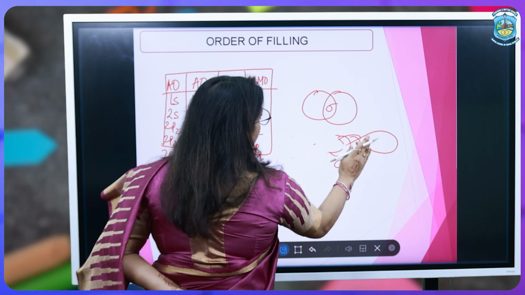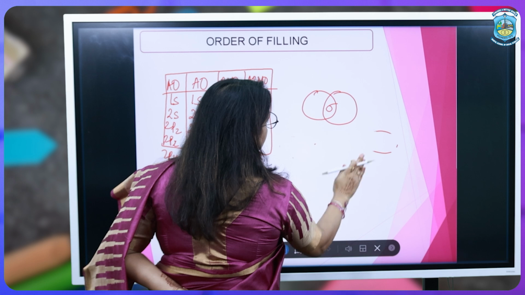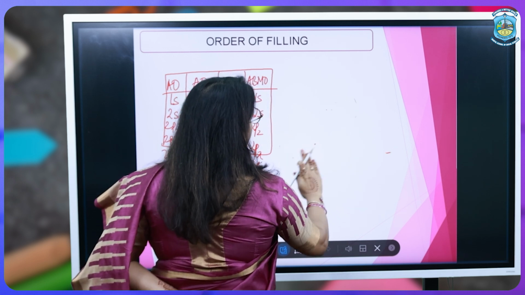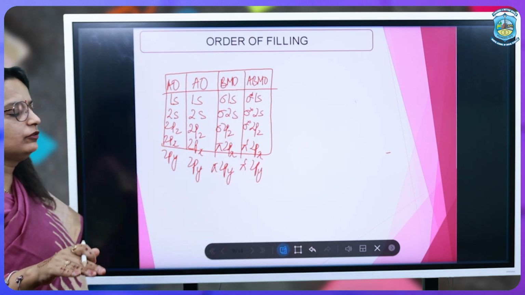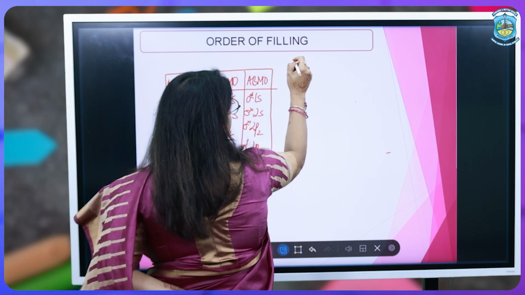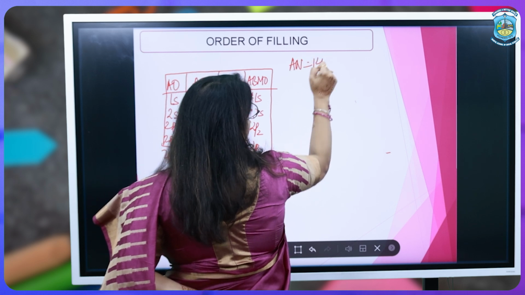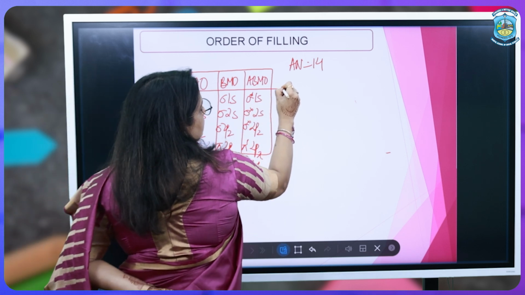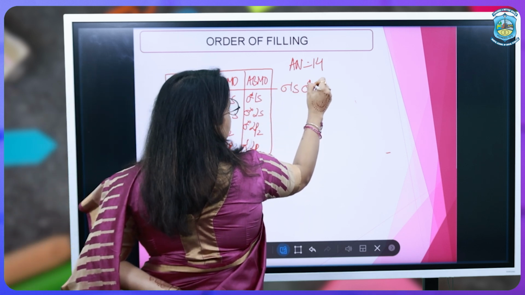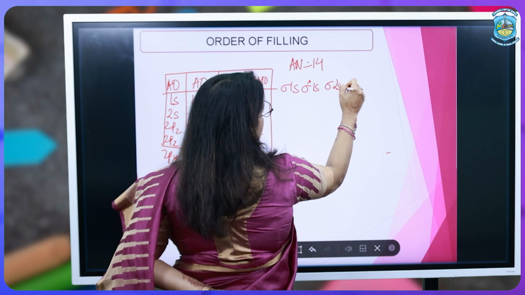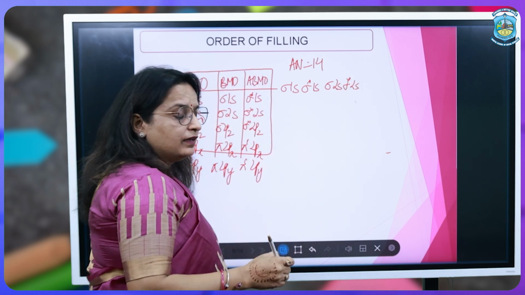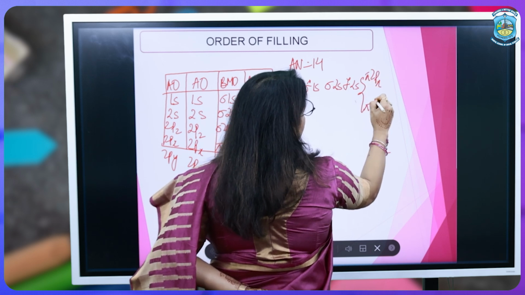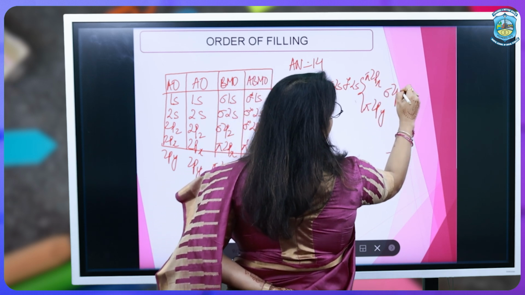Now coming on to how they are going to be filled with electrons. There is an order based on the total number of electrons present. So considering atomic number up to 14, we have a particular order of filling the electrons, that is sigma 1s, anti sigma 1s, sigma 2s, anti sigma 2s, and then we have pi 2px, pi 2py and sigma 2pz.